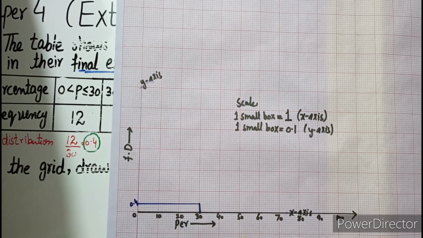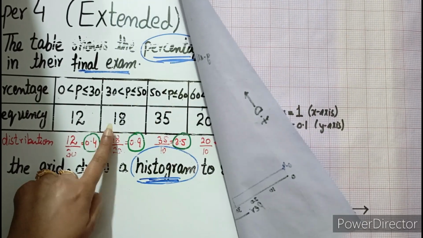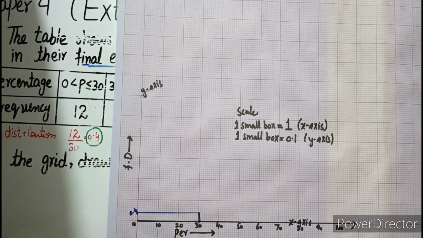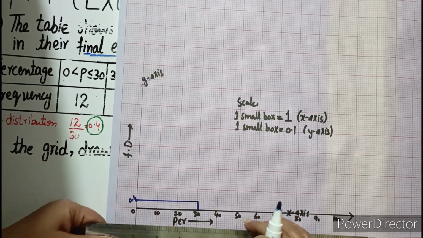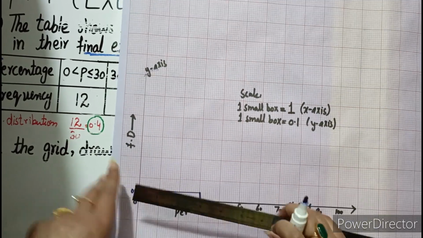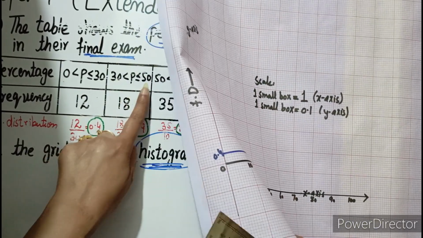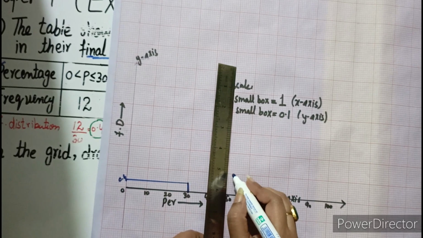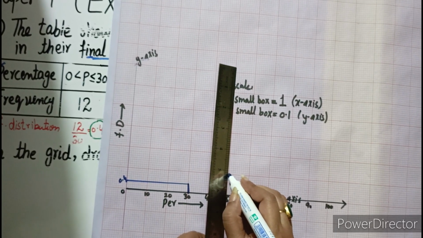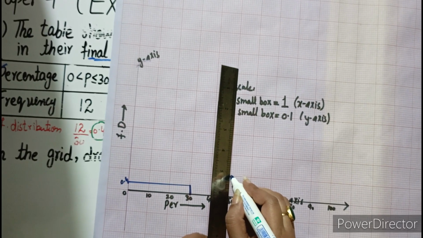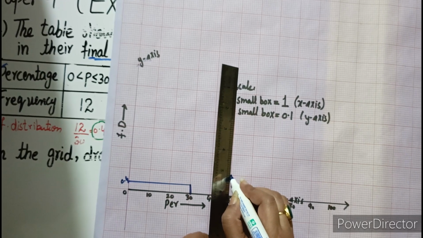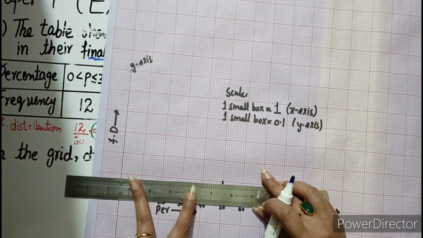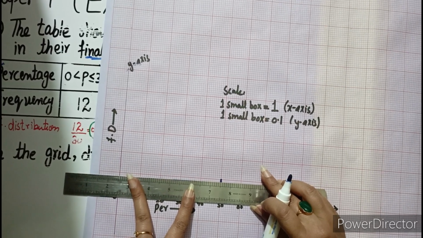If you see the next frequency distribution, that is 0.9, it means 0.9 is a line over here, and you have to take it to 50. This is the 50th one. And you have to take it to 0.9.